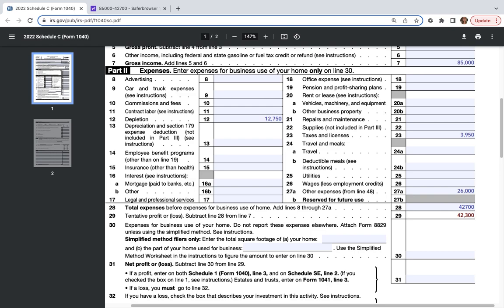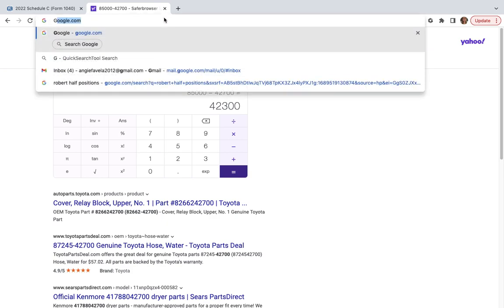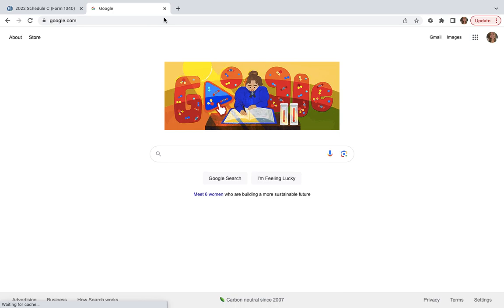Whenever you guys have your own business, just pay attention to these categories. You know, there's advertising. You can also do car and truck expenses. For car and truck expenses, you can use actual or mileage. Mileage is, I believe, 63.5 cents per mile as of right now. But let me check real quick.